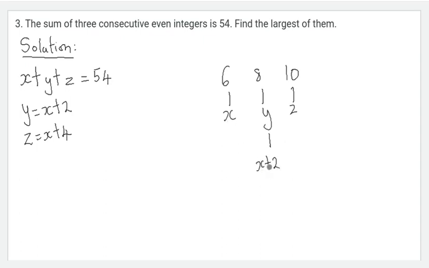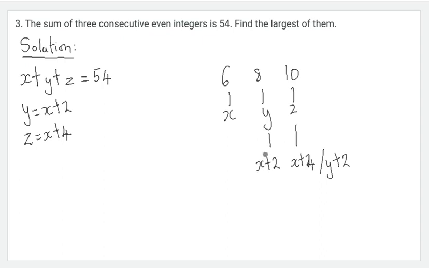That's why we needed to add plus 2. And then z can be defined in two ways. If you're going to use x, it's going to be x plus 4 because we already have a plus 2. If we're going to use y, that would be y plus 2 because they are consecutive.